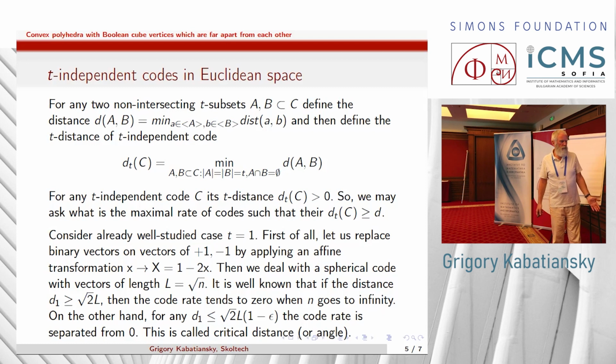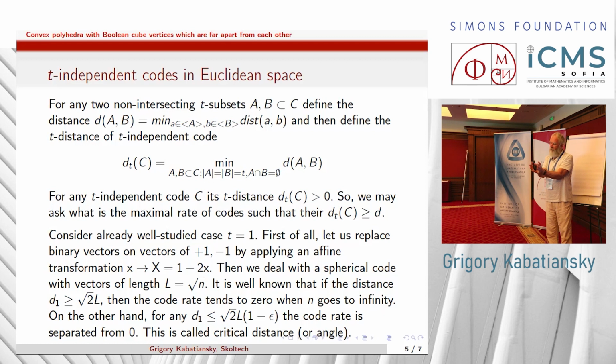And what we know about the critical angle or the critical distance: the critical angle is, of course, pi divided by 2, and the distance is square root of 2 times the length of our vectors. If we want them separated by not less than 90 degrees, then the rate of the code goes to 0.